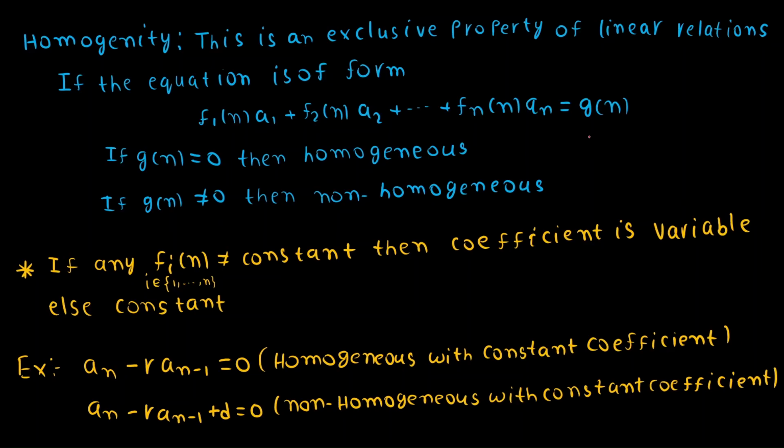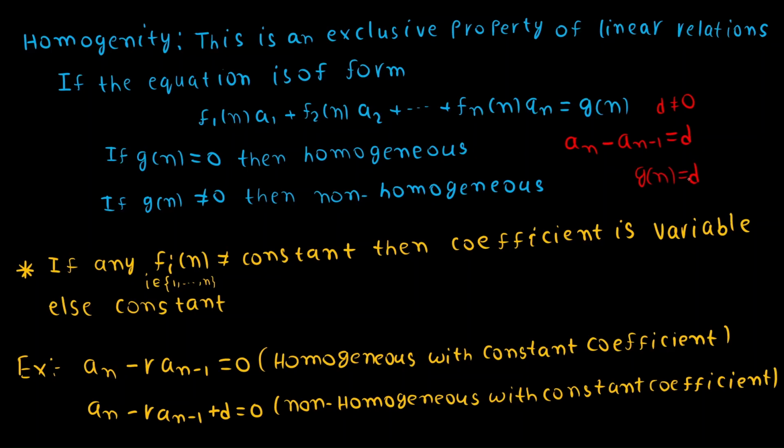Let us take some examples to understand this better. Suppose you consider an AP, an minus an-1 is equal to d. Let's say d is not equal to 0. Now if you compare it with this equation, you can say that g of n is equal to d.